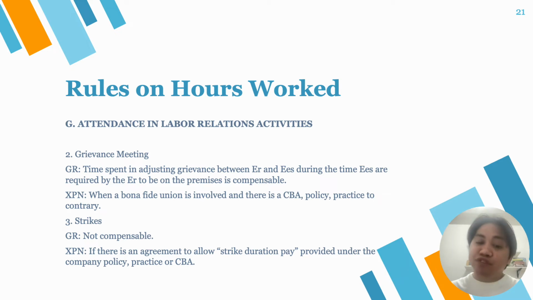So if it allows for a duration pay, meaning like say you do strike, but under the company practice or the CBA, you're allowed to be paid for 5 days of that. So you can actually be paid if you do the strike only within that 5 days. But if they extended the strike and you used up all what we call the strike duration pay, then the excess days will no longer be considered as hours worked or compensable hours.